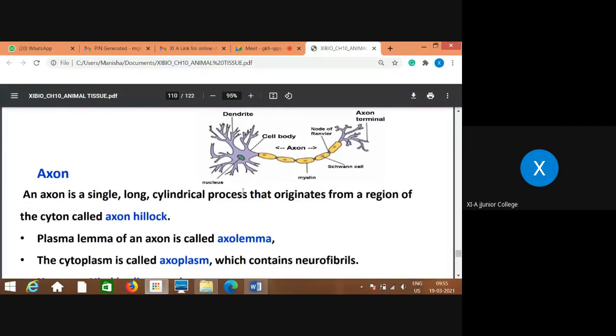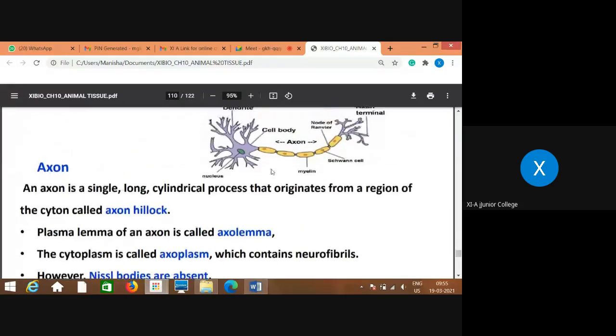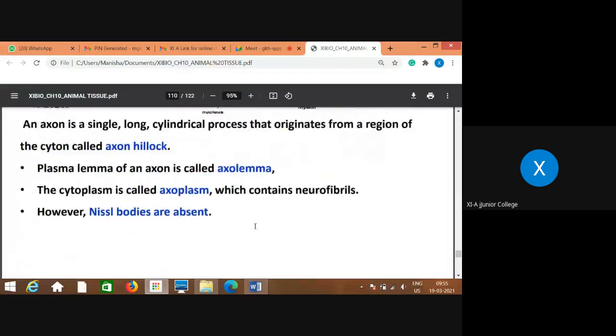So these are the specific words used. However, Nissl's bodies are absent in the axon. Nissl's bodies are present only in the region of the cyton, that means the cytoplasm of the cell body, which is called neuroplasm. It contains Nissl's granules, which are absent in the axoplasm.